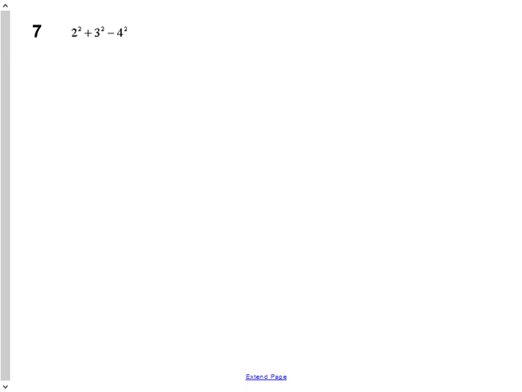Is this your last question? Your last question says 2 squared plus 3 squared minus 4 squared, or 4 plus 9 minus 16, or 13 minus 16, which is negative 3. 1 point for work, 1 point for your answer.